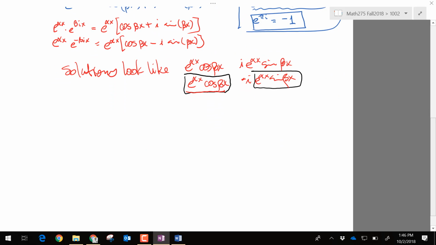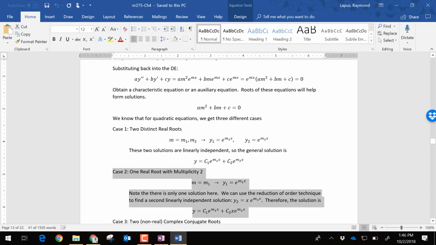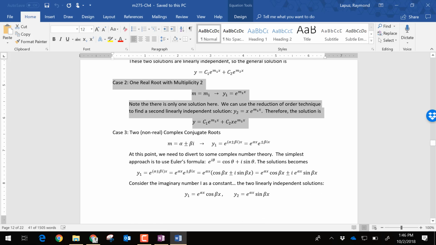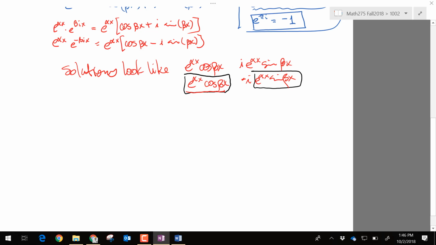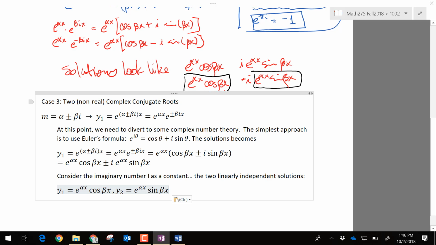So summarizing into something that you can actually read, unlike my handwriting. The bottom line is that your two linearly independent fundamental solutions are e to the alpha x times cosine beta x is one of them, and then e to the alpha x times sine beta x is the other one.